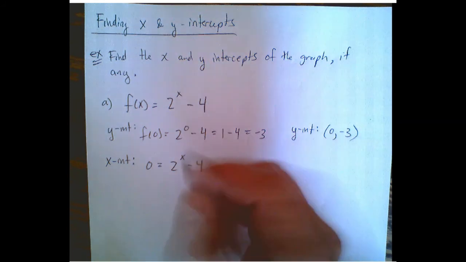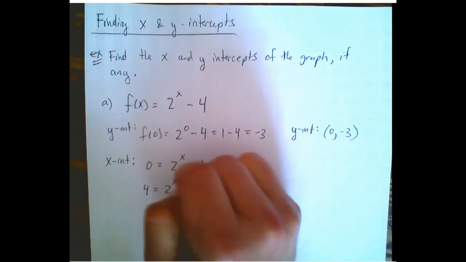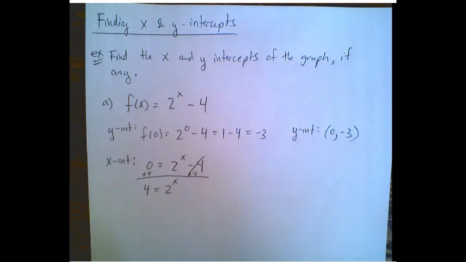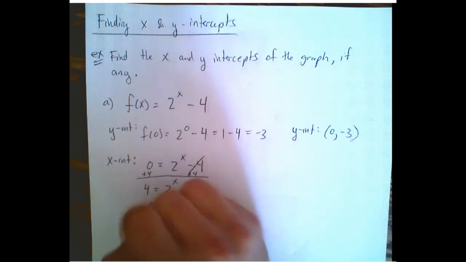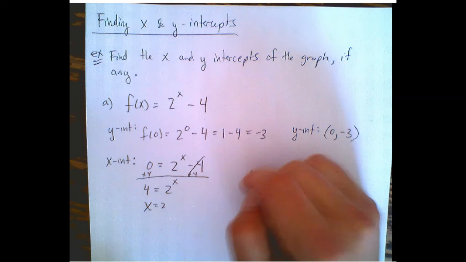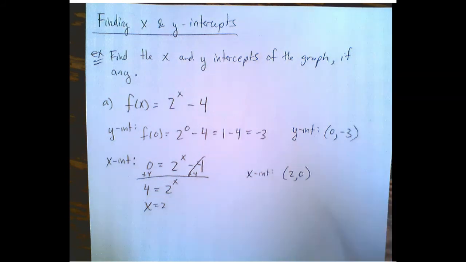If we add 4 to both sides, 4 equals 2 to the x. So what is the value of x that makes the right-hand side equal to 4? 2 to what power gives us 4? Well, that's 2. So x is 2. Therefore, our x-intercept, we only have 1, is 2, 0.